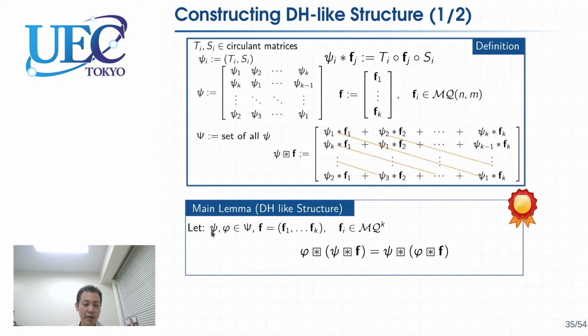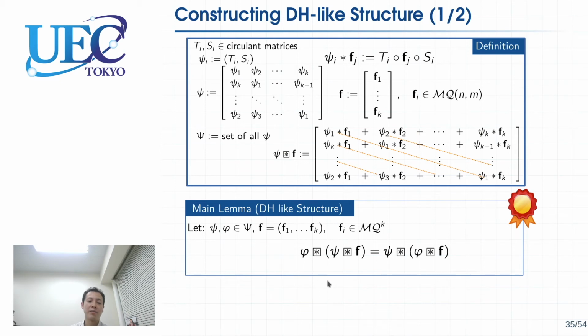So for example, we have psi and phi with this arrangement, and we have F as a multivariate polynomial. When we operate first psi on F, then phi after that, the result will be the same as when we operate phi first on F and then psi.